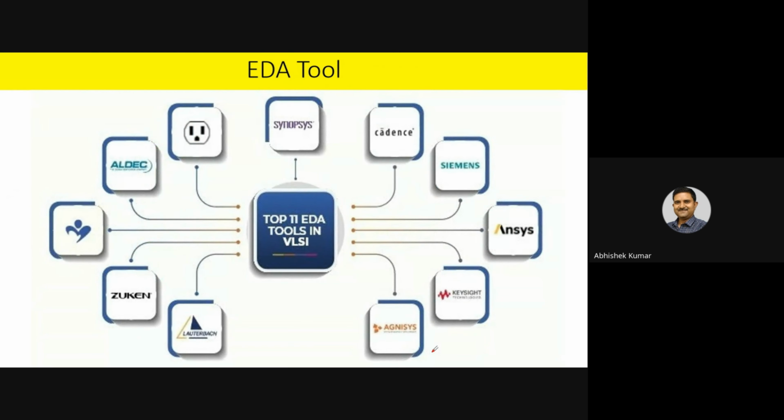These are certain well-known EDA tools. Apart from what I have showcased over here, Cadence, Synopsys, and Siemens are very popular. Apart from that, we have certain tools like Keysight, Agilent, and others.